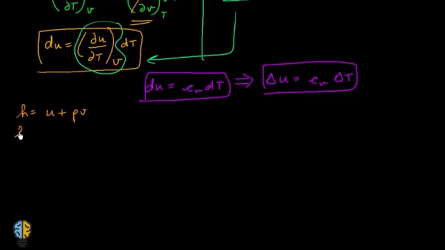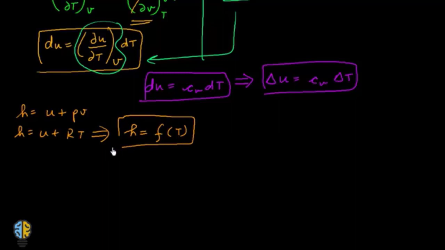Now I can also write enthalpy as U plus RT because PV is equal to RT. This means that H is a function of only temperature, only for an ideal gas.